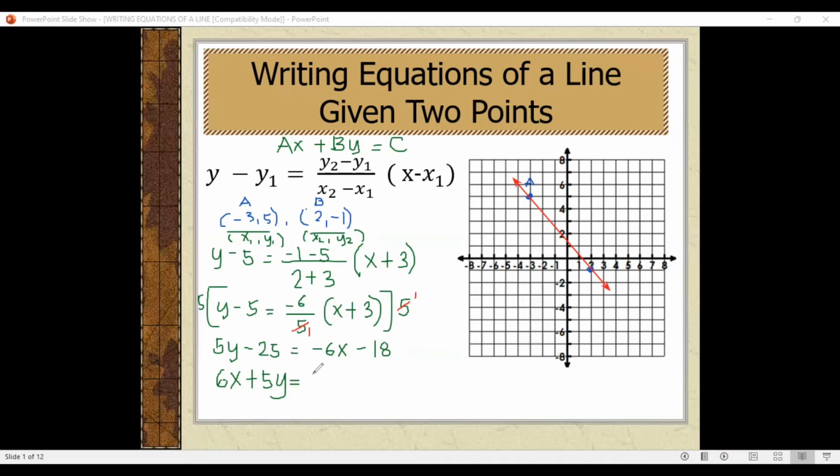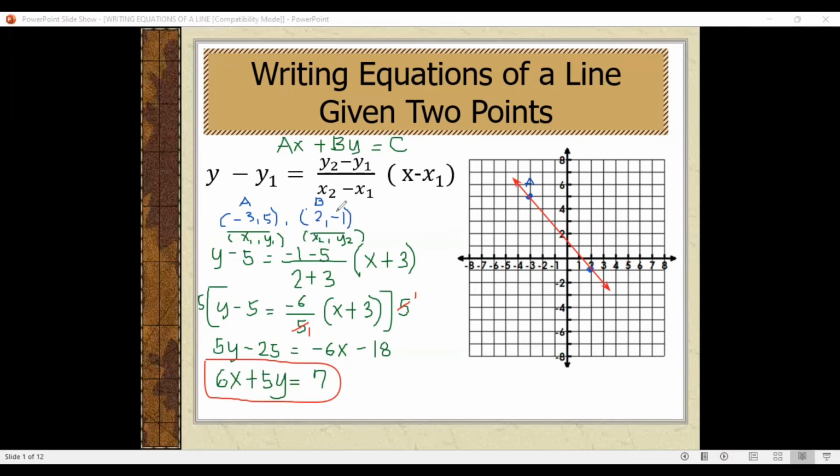Therefore, the answer that we will be getting here is -18 plus 25 is equal to 7. So this is now the equation of the line. Okay, this is now the equation of the line that contains the points -3, 5, and 2, -1.